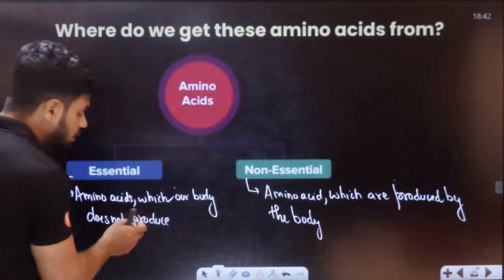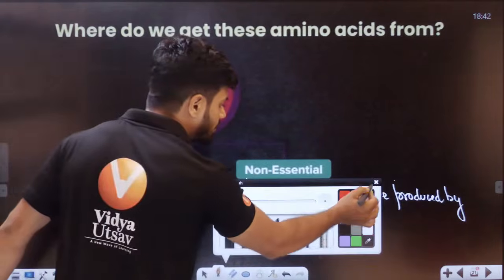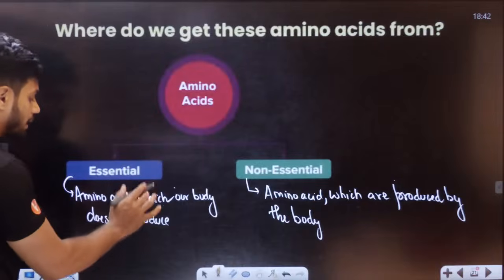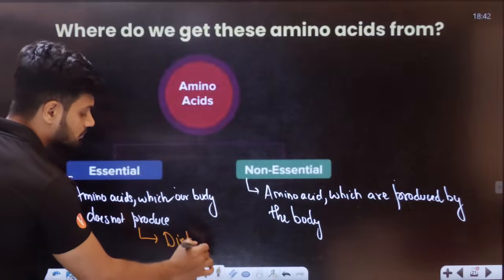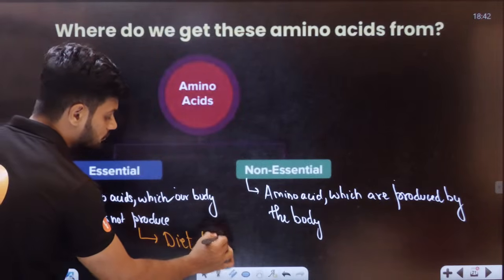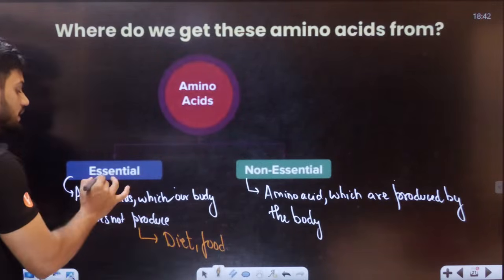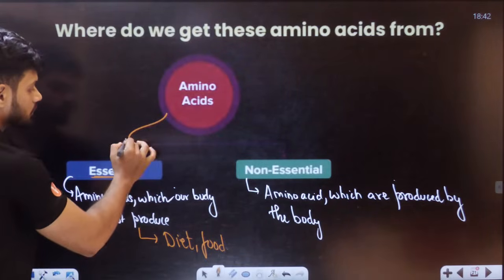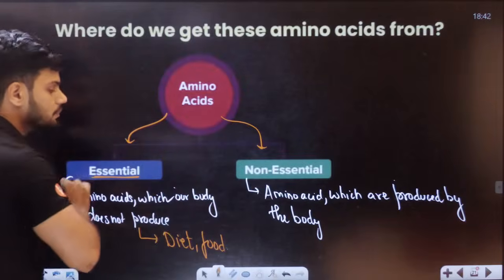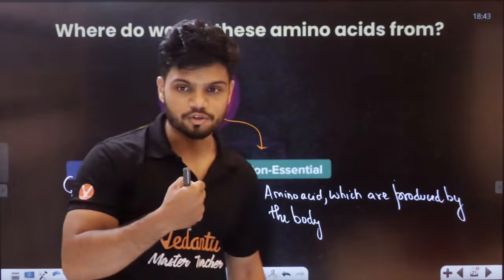If our body is not producing them, then how do we get them? Essential amino acids need to be taken through diet, that is, the food which you eat. So non-essential amino acids are already produced in our body; essential ones need to be taken from outside, students.